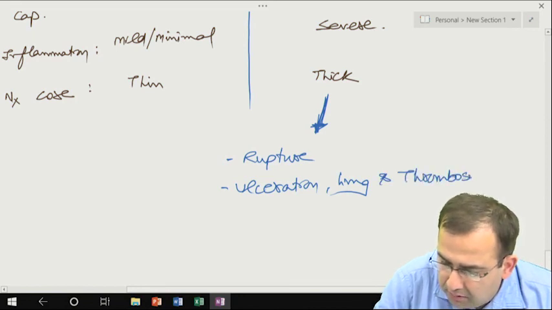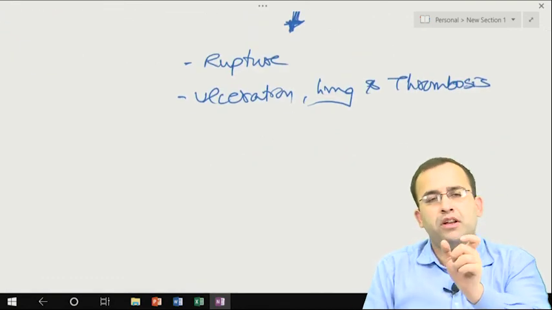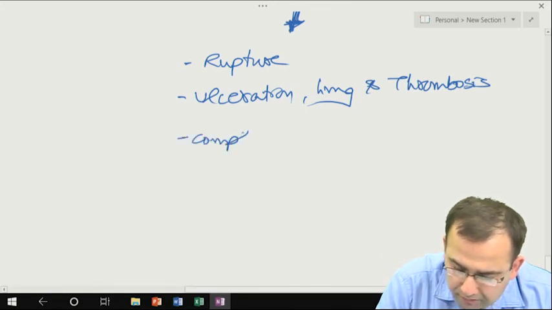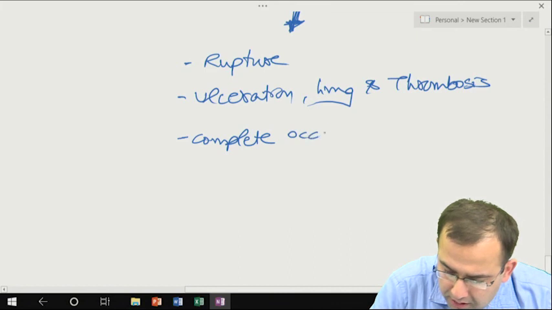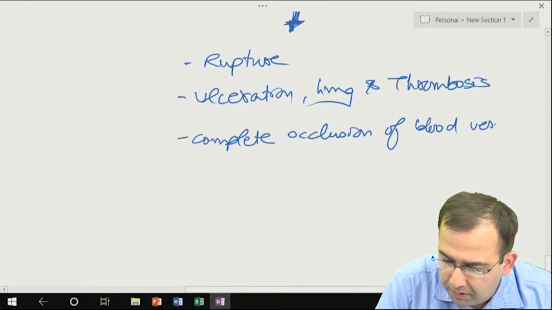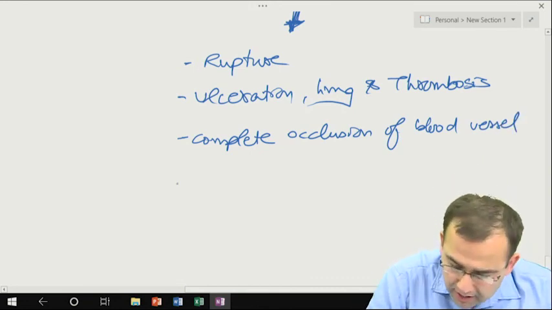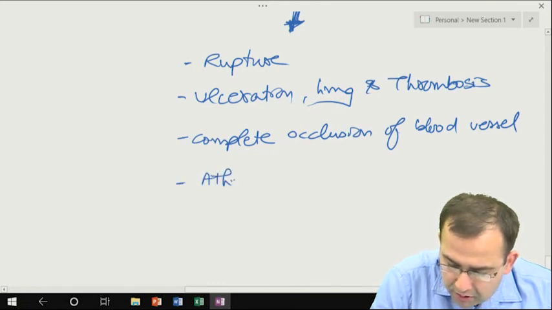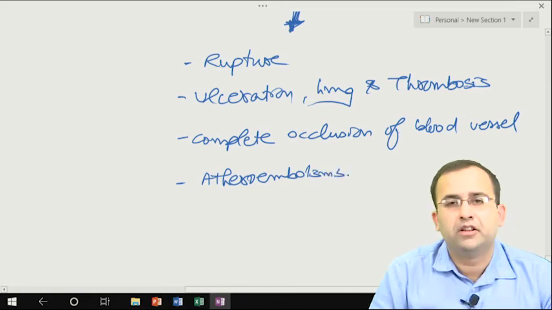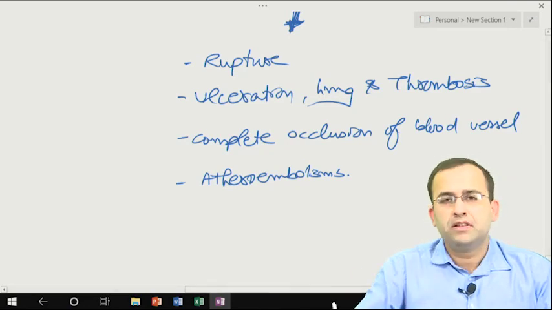If the plaque has undergone ulceration, blood enters that area, resulting in hemorrhage and thrombosis, leading to complete occlusion of the blood vessel lumen. Next point, unstable plaques can even break off and embolize to distant sites, that is atheroembolisms. Atheroembolisms are common. This is stable versus unstable.